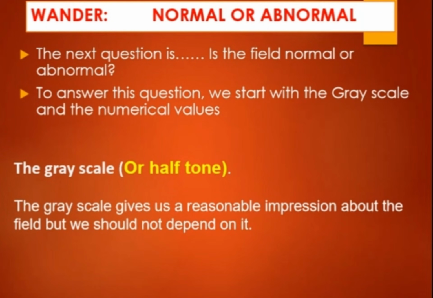Like I said earlier, the gray scale represents the depressions using dark patches. So the gray scale gives us a reasonable impression at a glance about the field. But of course, you should not depend on the gray scale. You should also look at other parts of the result, the pattern deviation, and their probability plots.